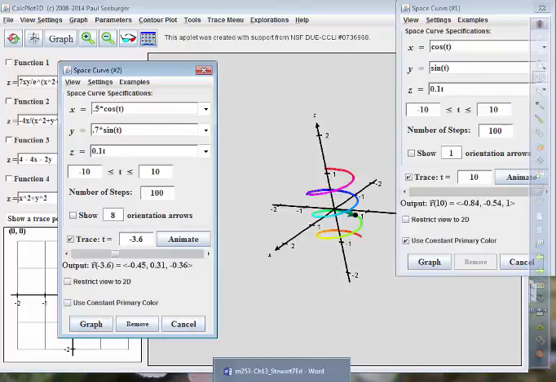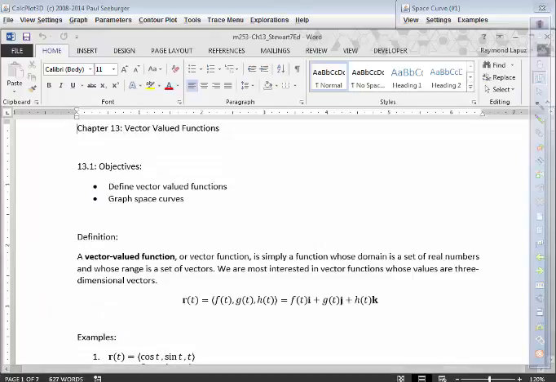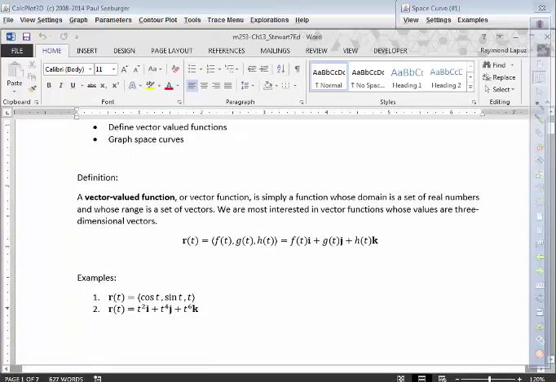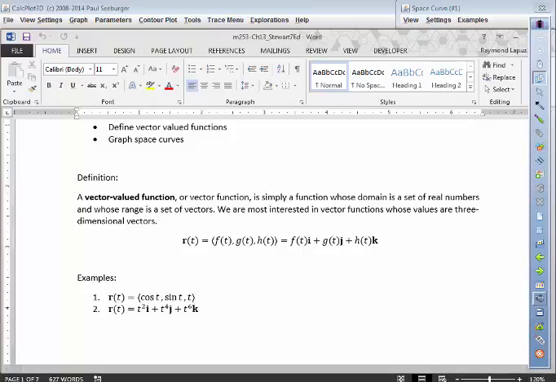I think in my notes I was going to give some examples. Let's do, well, the first one was a helix. We already talked about that. And the second one, let's see if we can graph that one.